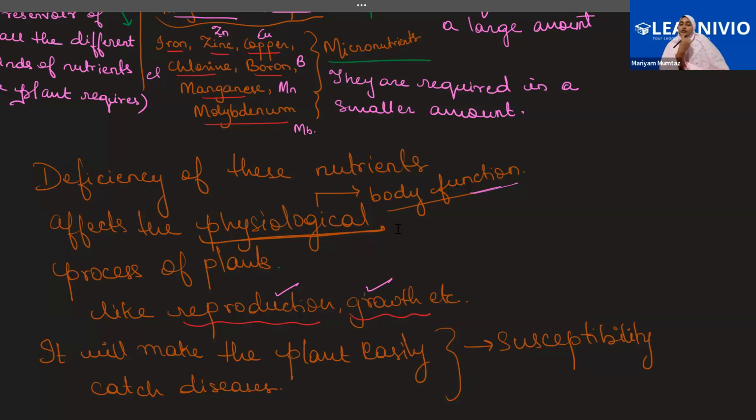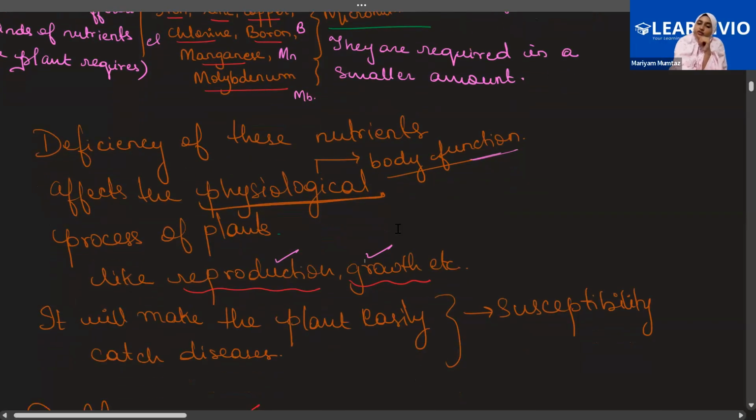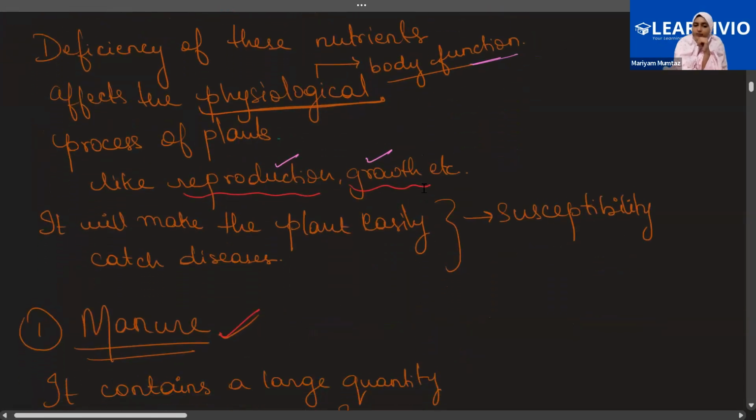And it should not be less than what is required, because then the plant will not be able to take it. So the plant will have a lot of physiological problems. And whenever the word physiology comes, it means bodily functions, all the functions that take place in the body.